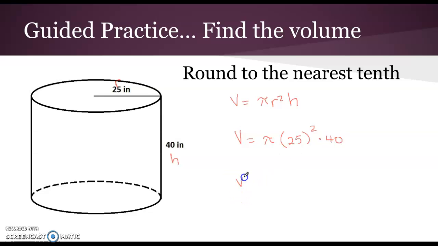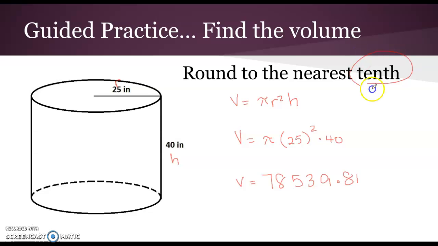So we are going to enter that in the calculator. Pi times 25 squared times 40, and you should get some crazy number, 78,539.81.